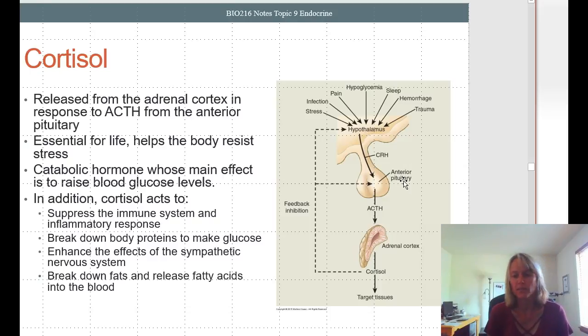In addition, cortisol also acts to suppress inflammation and the immune system. It will break down body proteins in order to promote gluconeogenesis to make new glucose, so that also will raise blood sugar. It enhances the effects of the sympathetic nervous system, and it breaks down fats and releases those fatty acids into the blood.